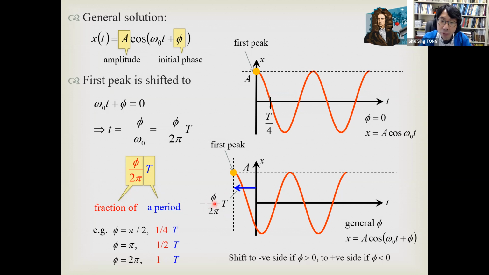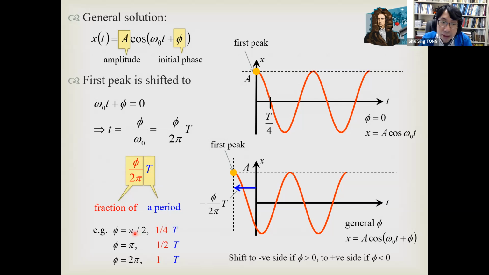Now, how to interpret this phase? It may be instructive to look at some common angles. Suppose phi is equal to pi over 2. If I put pi over 2 here, then it becomes 1 over 4, a quarter of a period.